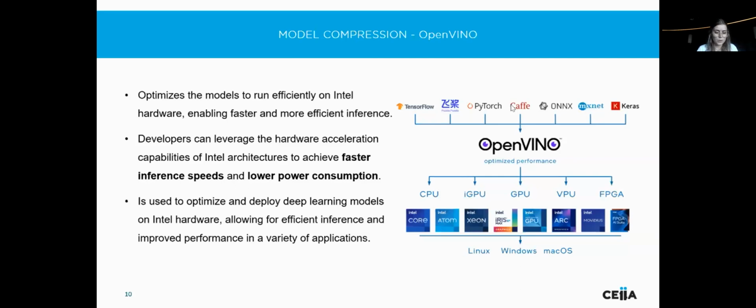And this model conversion process involves several optimizations such as model quantization, fusion of operations, and hardware-specific optimization. All of these processes aim to reduce the computational requirements and the memory footprint of the model, and this will allow faster inference speeds and lower power consumption.